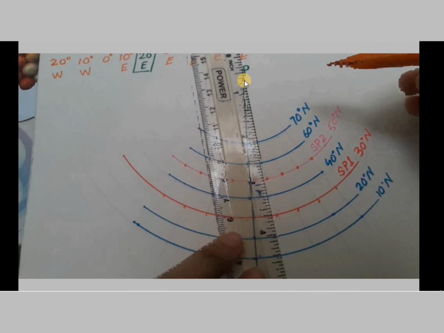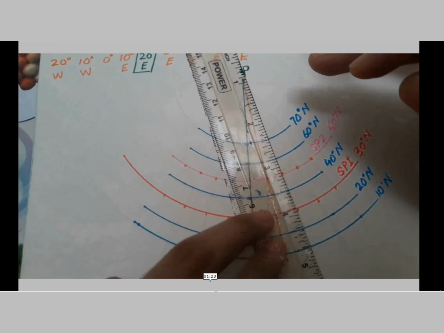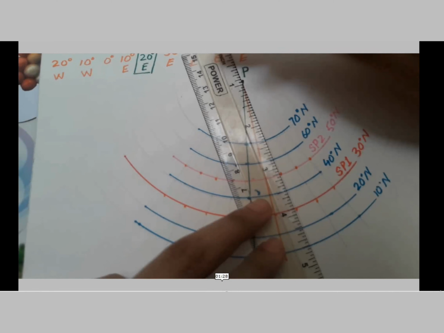So as you can see here, we are connecting the P pole with the marking on standard parallel 2 and standard parallel 1, and we will make meridians after joining these 3 points. Similarly, we will connect the other meridian points with P.